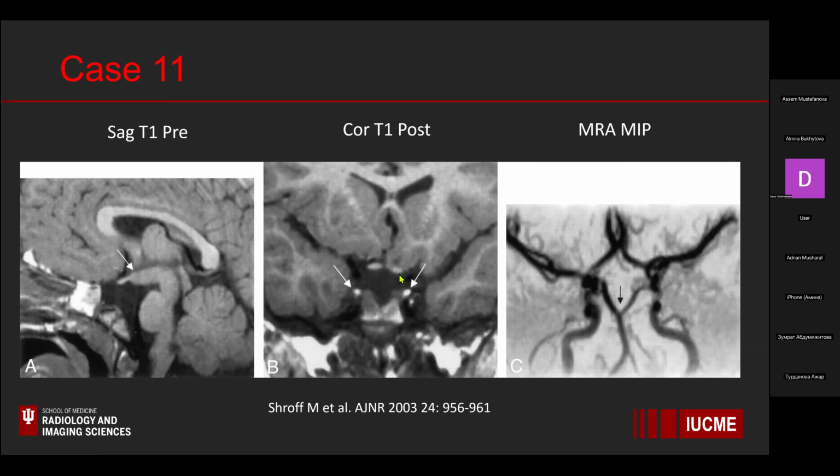Here's the optic chiasm for reference. In the same patient, on the MR angiogram MIP image, you see that the patient has paired basilar arteries. I'll show these to you slice by slice so you can see it better. But this was a very peculiar case, and very occasionally this comes up on your PACS station to read.